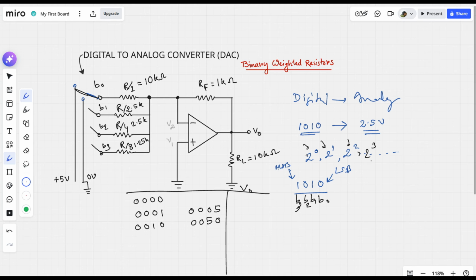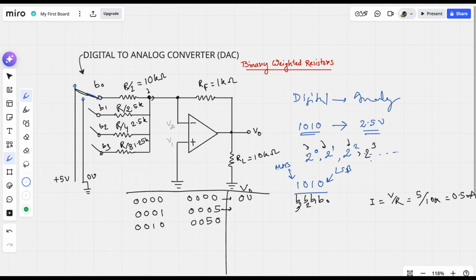Okay, now coming to the next bit, that is 0001, we are providing 5 volts, which means we are connecting B0 to the plus 5 volt line. Let's see what will happen. If we are providing B0 as 5, then the current, suppose I, equals V by R. The voltage is 5 volt and the resistance is 10 kilo ohm, so the current is 0.5 milliampere, right?